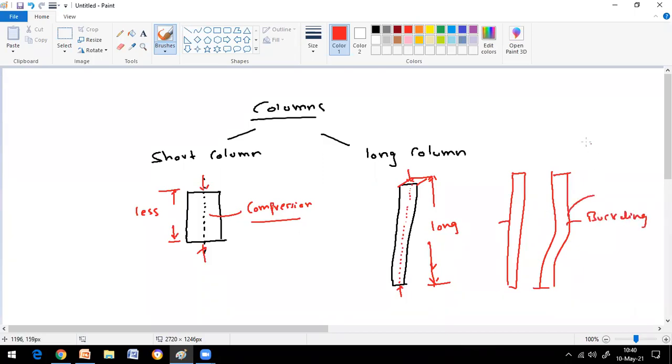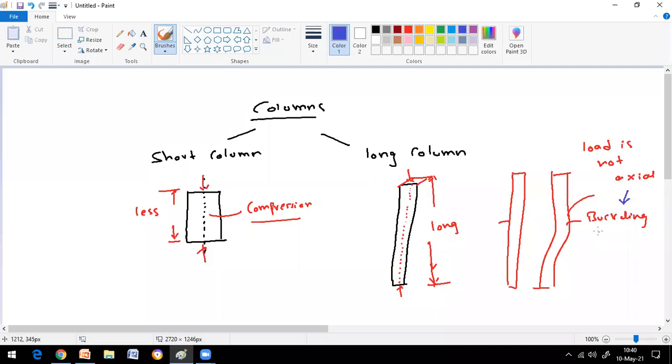Buckling will happen only when the load is not axial. When the load is not axial, there is a possibility of buckling failure.